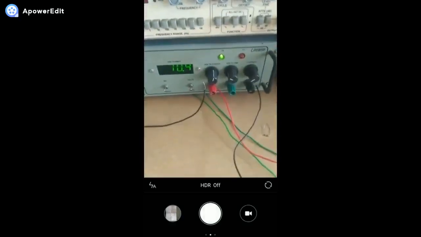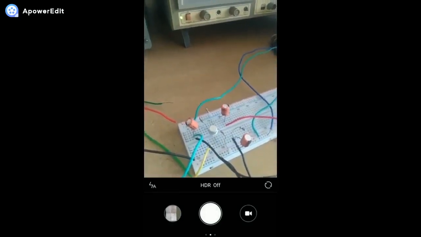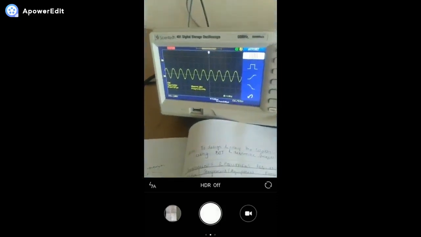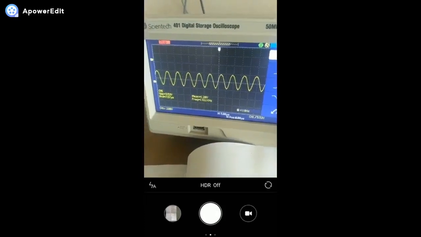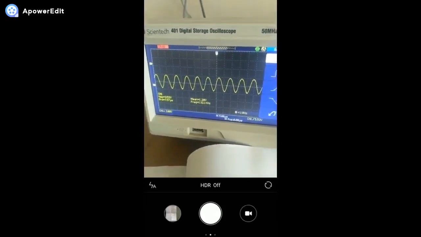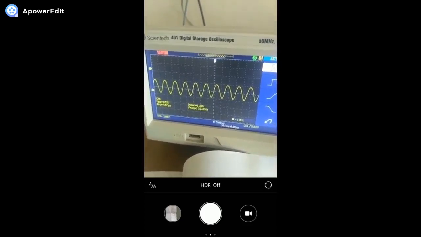When you switch on the supply voltage, our output is obtained in this form, exactly a sine waveform. See the screen of the digital CRO.